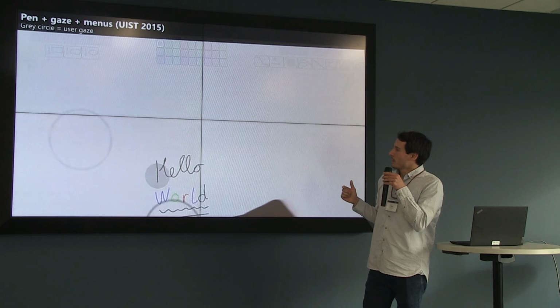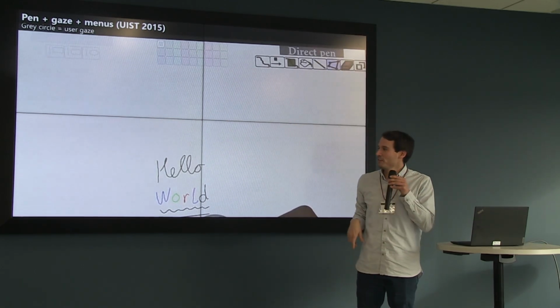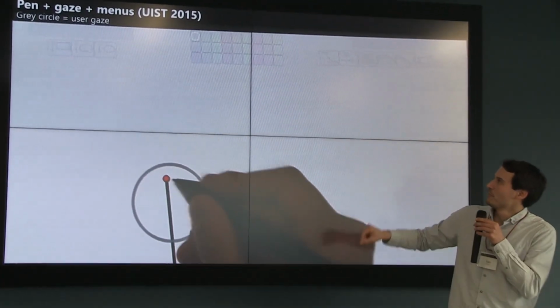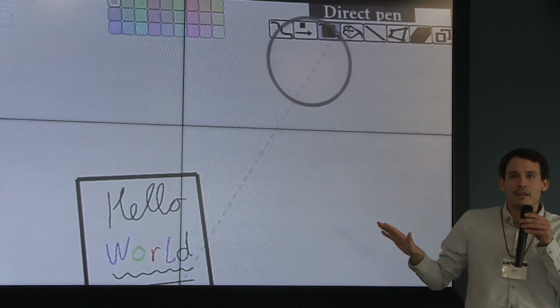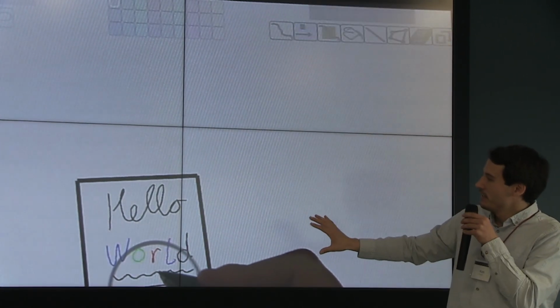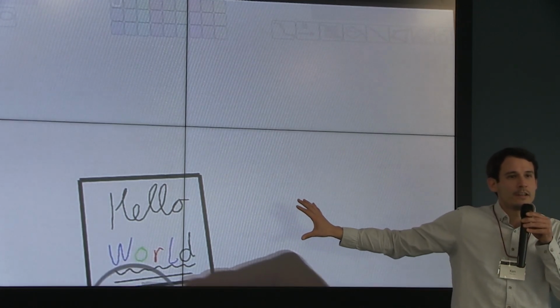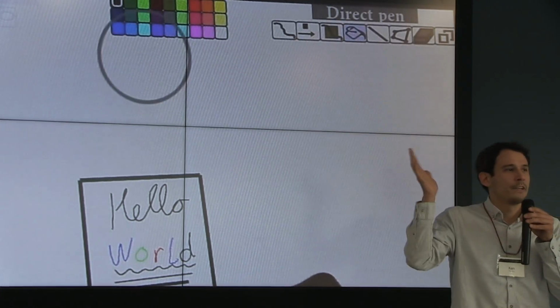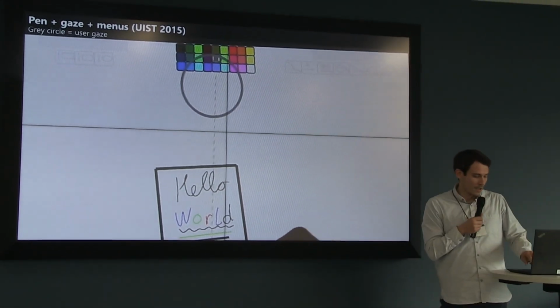Normally there are always a lot of menus around in these applications, and I would move the pen up, then go back down for every single change I want to make. The interesting thing here is that I can keep my hand in the center of my attention and just make quick looks up and down to do these secondary actions.